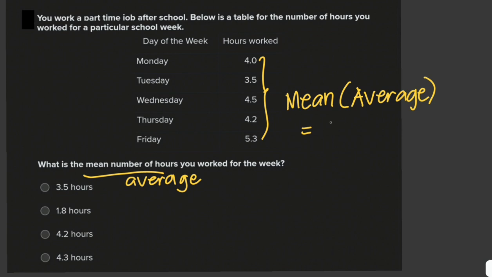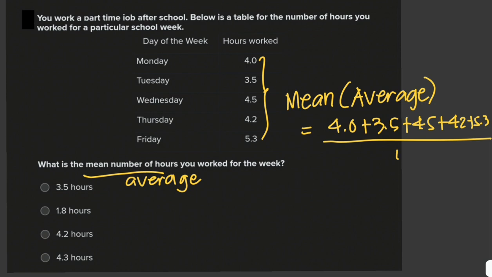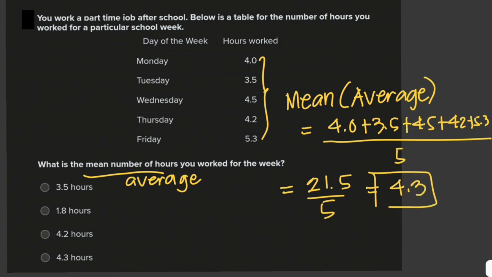So that would be 4.0 plus 3.5 plus 4.5 plus 4.2 plus 5.3 divided by 5, the number of values. And that is equal to 21.5 divided by 5, which is just 4.3. So the mean number of hours you worked for the week is 4.3 hours. So this is the answer here.